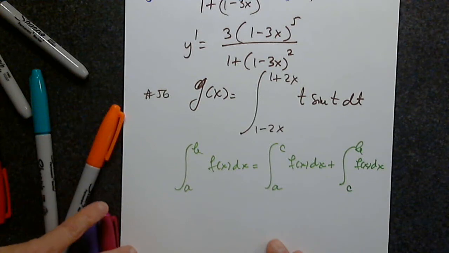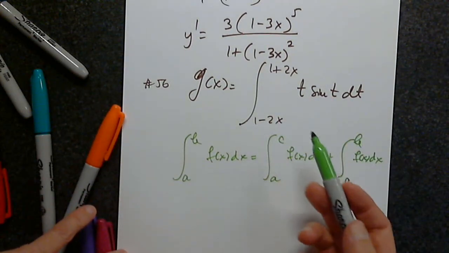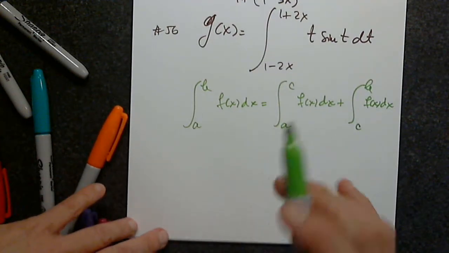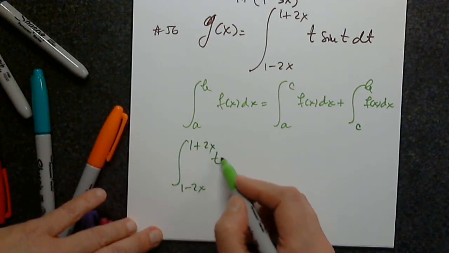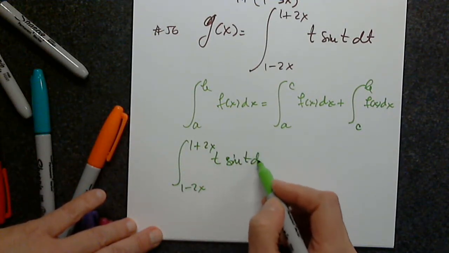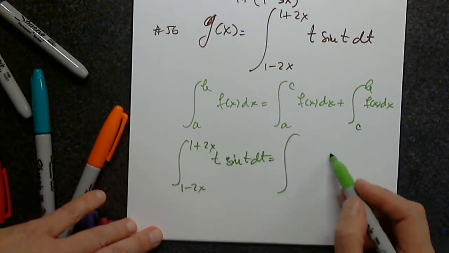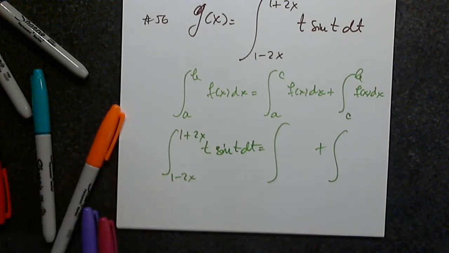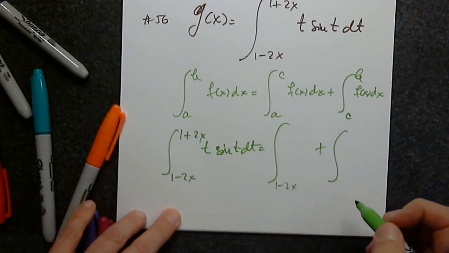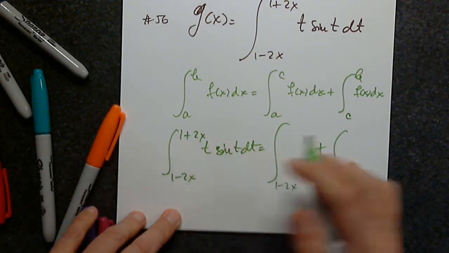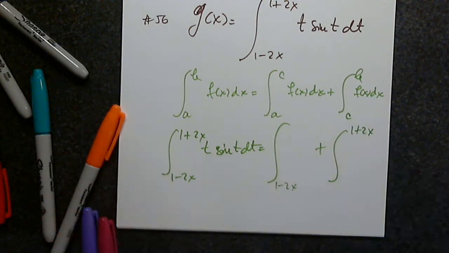Awesome. Perfect. Well, this is our situation. So I will present the integral from 1 minus 2x to 1 plus 2x from t sine t dt as a sum of two integrals. One starting at 1 minus 2x and the other one ending in 1 plus 2x.